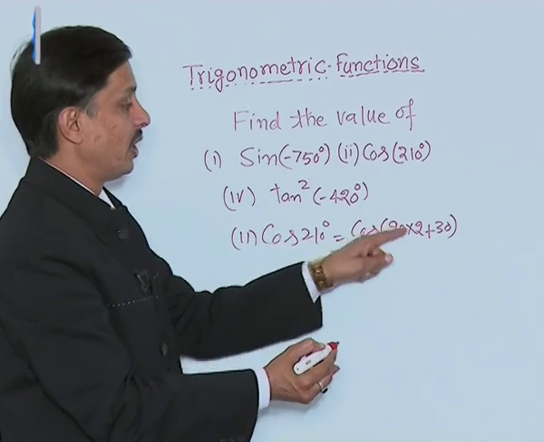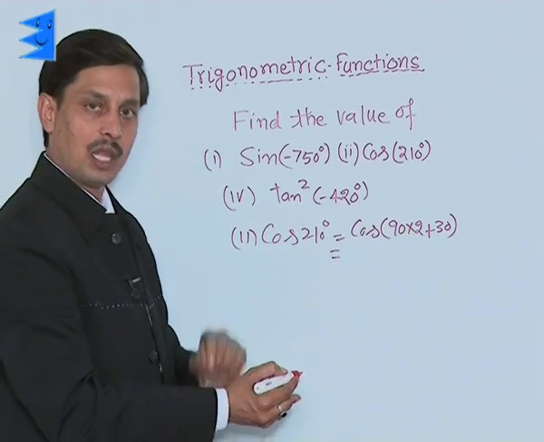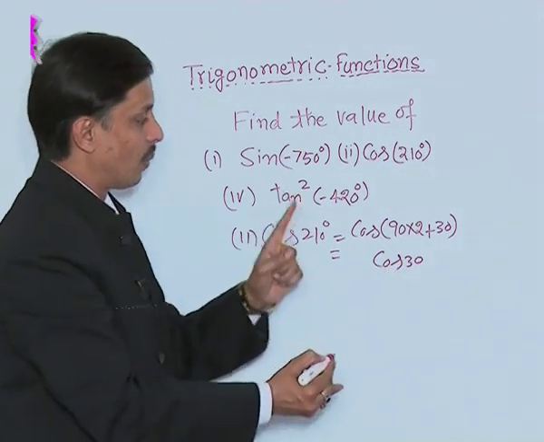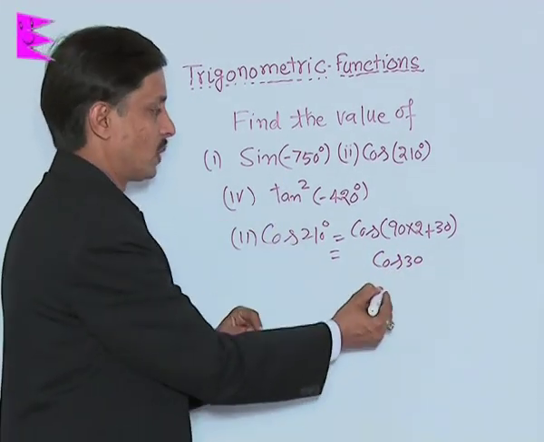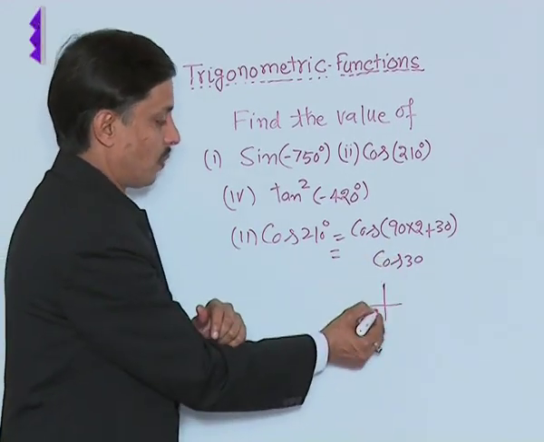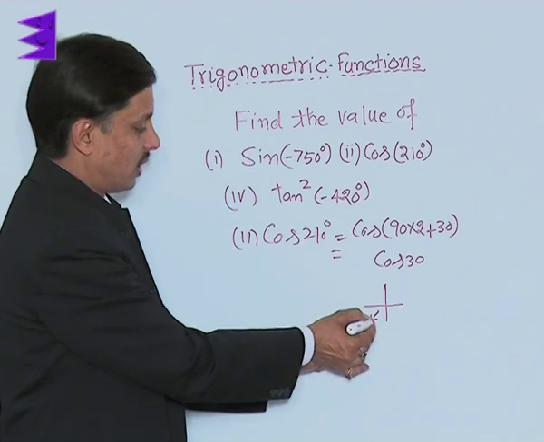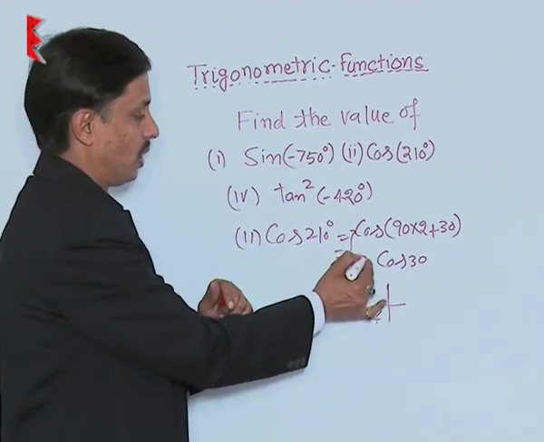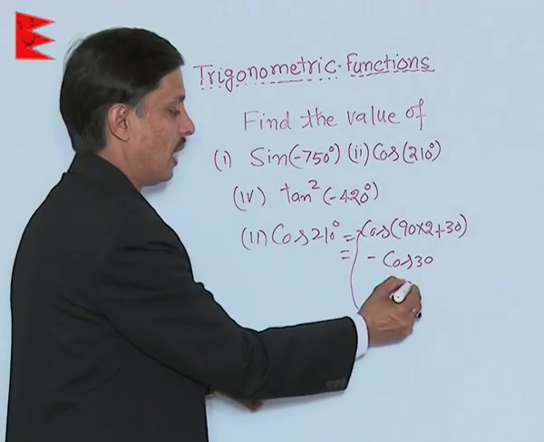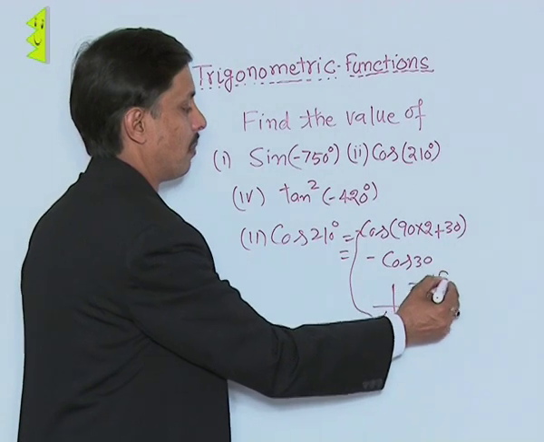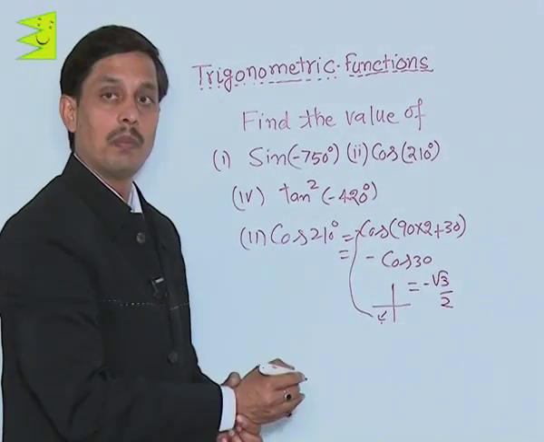This is 90 into 2, an even multiple, so cos will remain cos 30 degree. I would like to check its sign, because the 210 degree angle is exceeding 180, falling in the third quadrant, and in the third quadrant cos is always negative. So I need to put a negative sign. Hence the answer of cos 210 degree becomes minus of root 3 by 2.